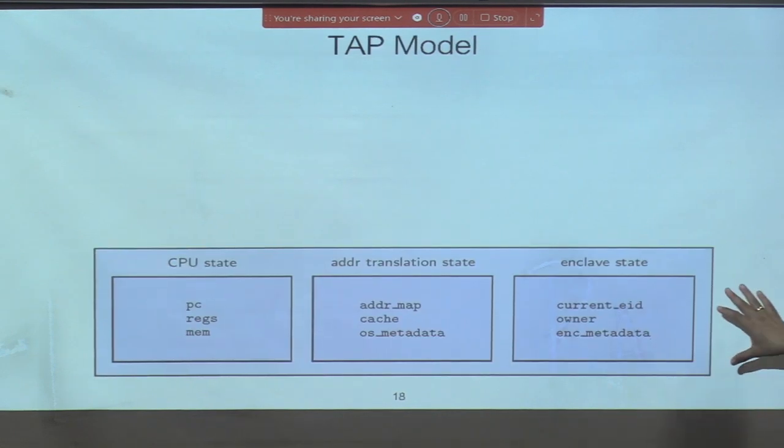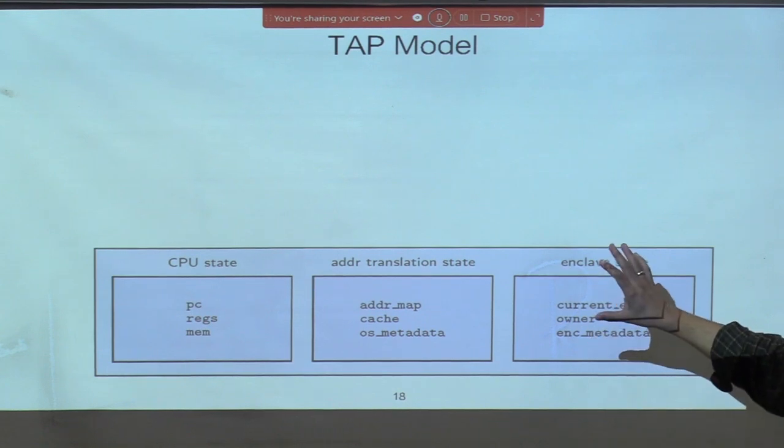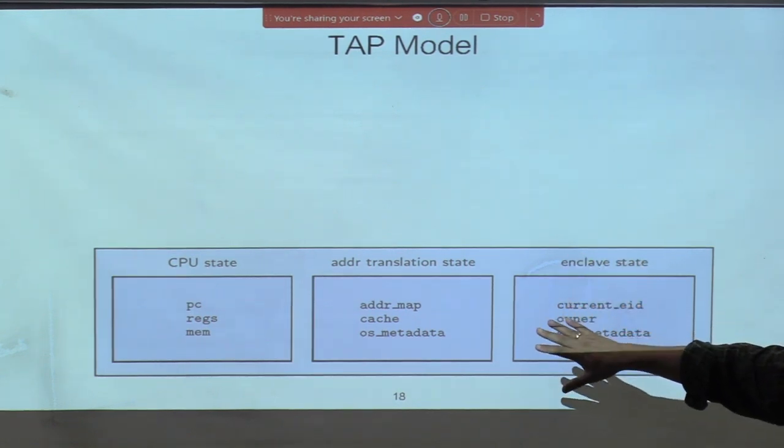Okay, so this is what it looks like. The TAP model, in the formal method sense, is what is called a transition system model, where we define some state and then define operations that correspond to transitions on that state. The state is just what you would expect. There is CPU state that also includes the memory.